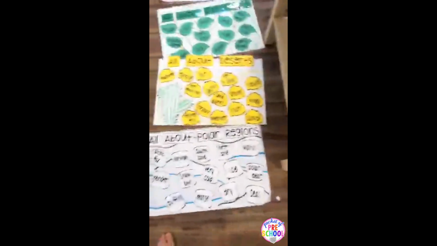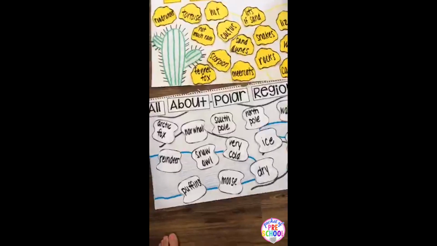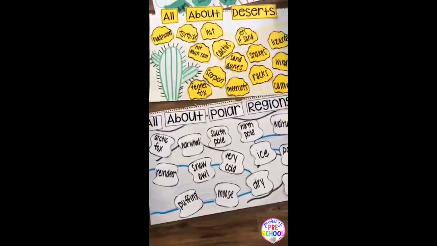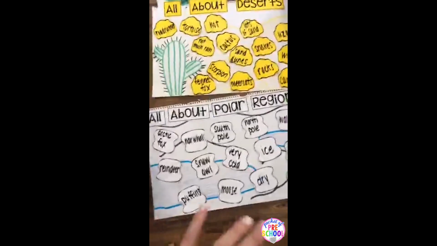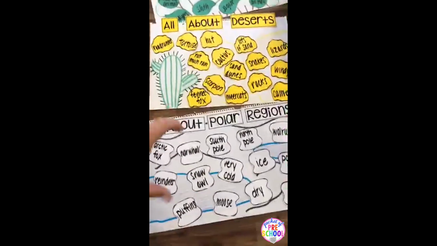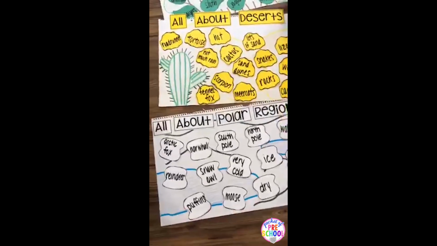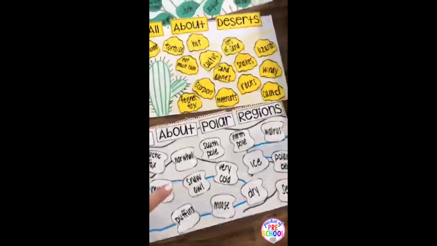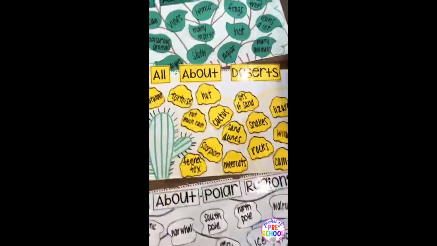And then here are the anchor charts. So for the polar region, I give you guys directions, and just know that I am not an artist. I literally just drew lines, and then the little ice paper templates make it look so much better than it does. So the polar regions has the little ice. The desert has a little sand dune.